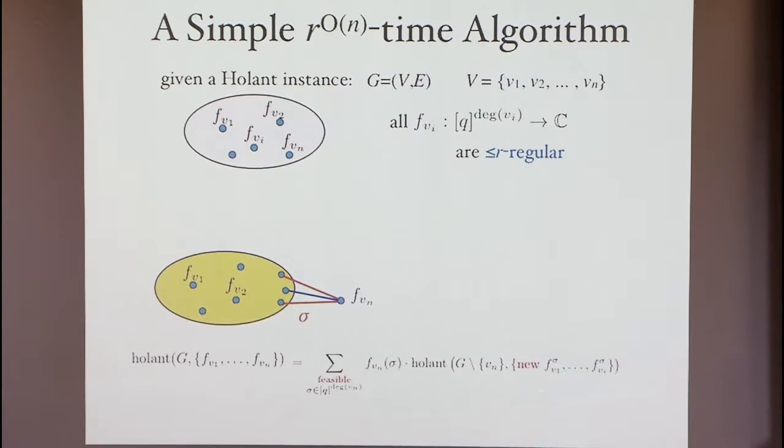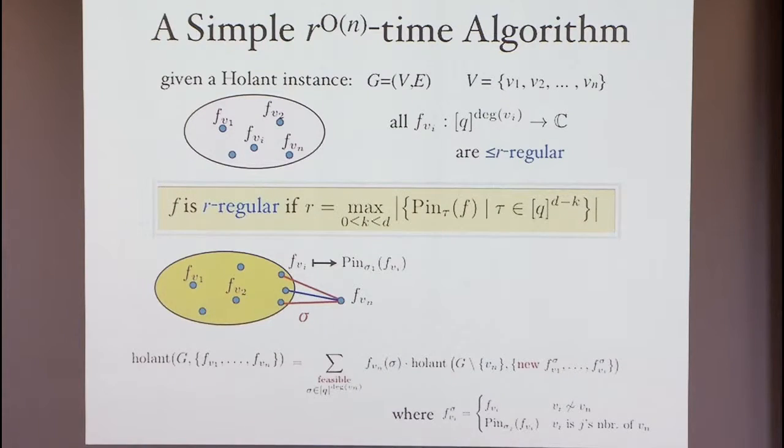The new Holant instances are defined on the graph with n-1 vertices, with new signatures obtained from pinning the old signatures. By the regularity, we know that at each vertex, the number of different possible signatures is bounded by R. That holds recursively. We need to prove that, but that's true.